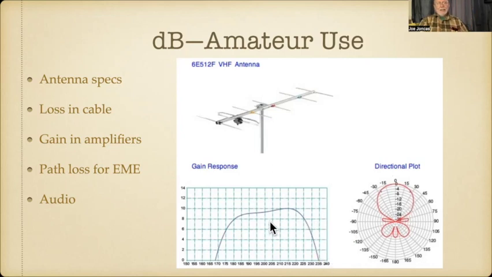This is a gain in the forward direction off of a dipole antenna. At this point, this is considered 0 dB, which by this plot here is almost 10 dB over a dipole.